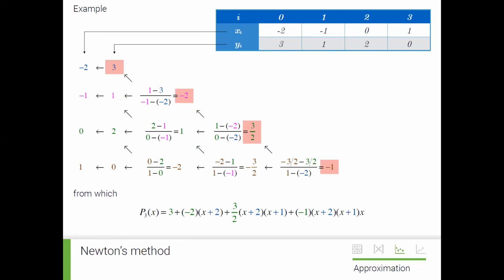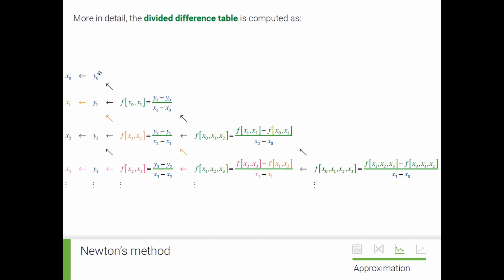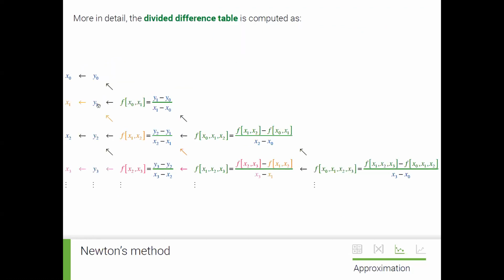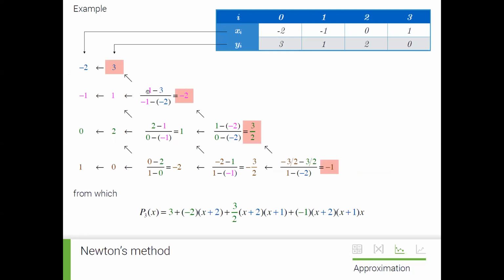So y0 is 3, the first one, yeah? It is 3. So we have the corresponding value. And now, when we find for x1, which is -1, you can see from the previous one that y1 here is 1.